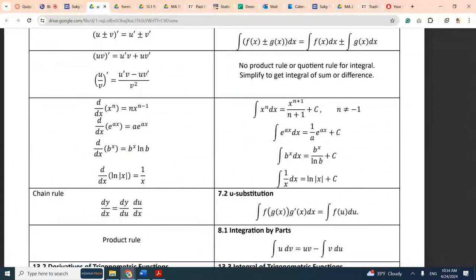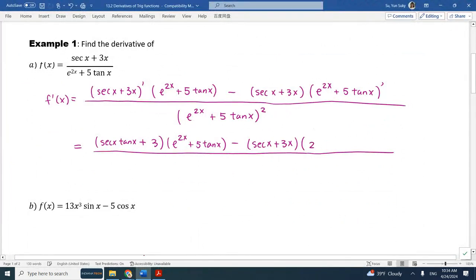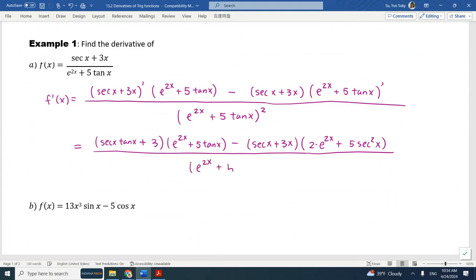So the derivative of e to the 2x is 2 times e to the 2x. Okay, so 2 times e to the 2x plus, what's the derivative of 5 tangent x? Yeah, very good. 5 secant squared x. And the denominator has no prime, so we just copy it. Don't change it.